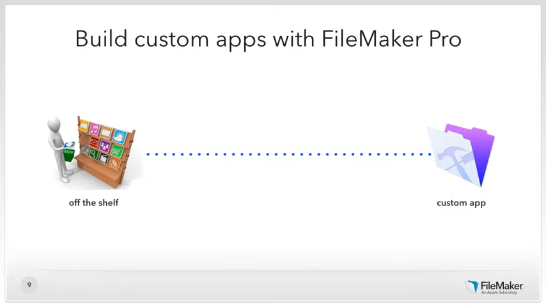However, you have little or no control over how they work and what features they provide. They may have features you don't use, and they may have some features you need but simply aren't there. And you may need to change your processes to fit the app. Building a custom app to fit your business would be the preferred path for most people. But you may be thinking you don't have the time, the budget, or the skills to do that. Well, that's where the FileMaker platform can help.